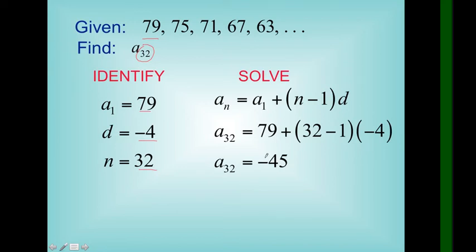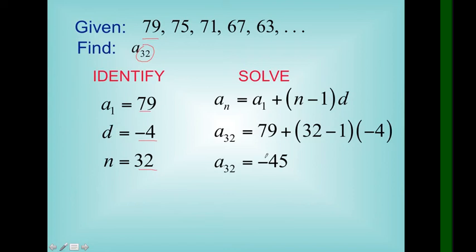To check this, let's use the calculator. 32 minus 1 is 31, right? Then 31 multiplied by negative 4, the answer is negative 124. Then, the negative 124, you add it to 79. Since they don't have the same sign, we will subtract them.